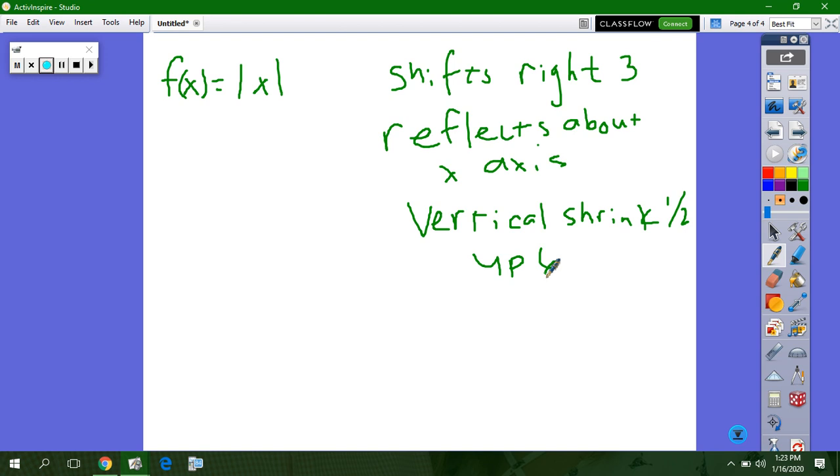Just build it. Okay, so which one is on the inside of the absolute value? The shift. This shift is the only one on the inside because it's the only one that moves it right or left.